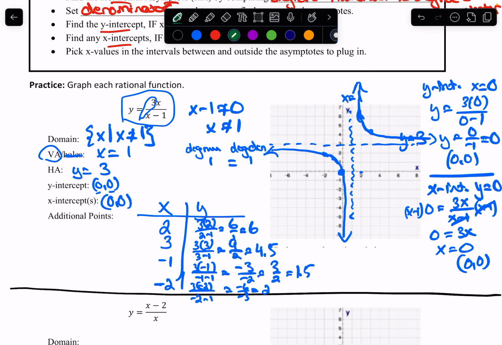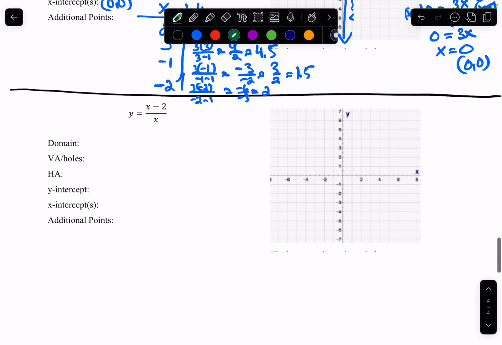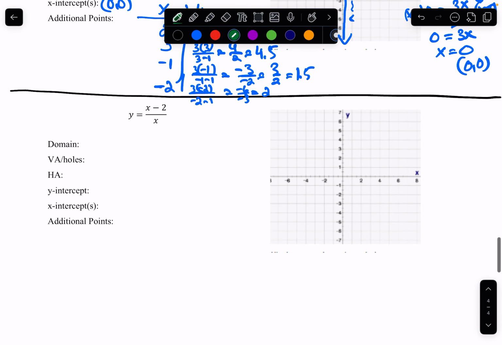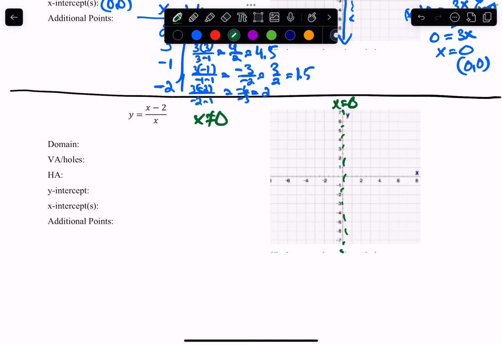All right. One more example here. y equals x minus 2 over x. So the denominator, x cannot equal 0. So we know that the y-axis is going to be one of our asymptotes. So our domain is going to be x such that x cannot equal 0.